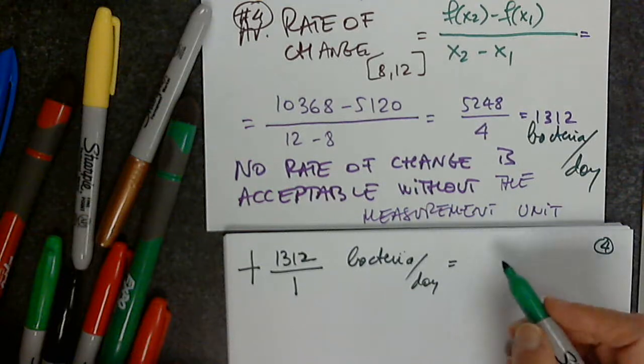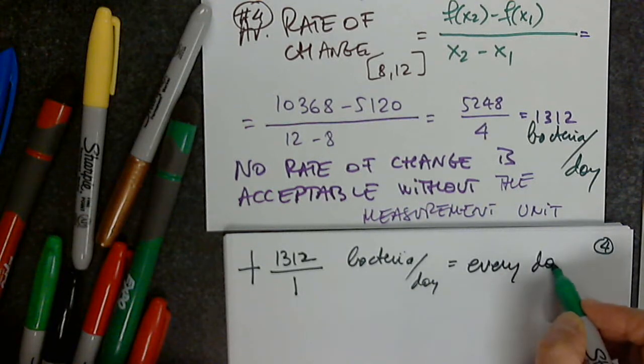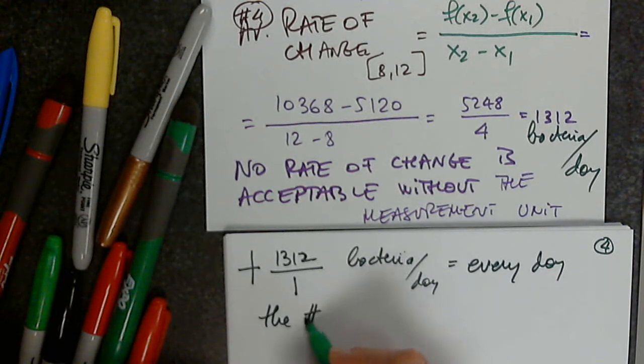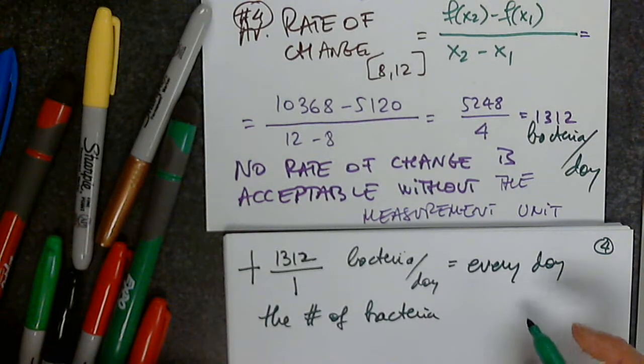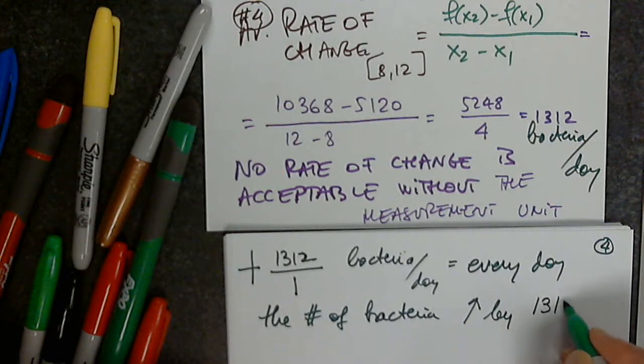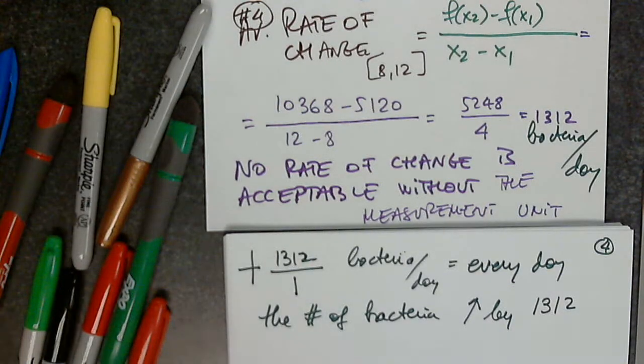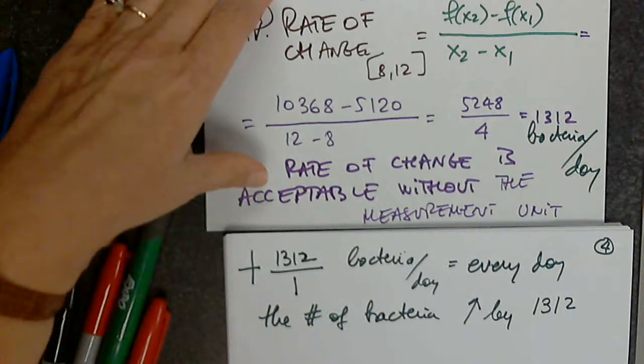Bacteria per day means every day the number of bacteria does what? Increases by 1,312. So that is the explanation.